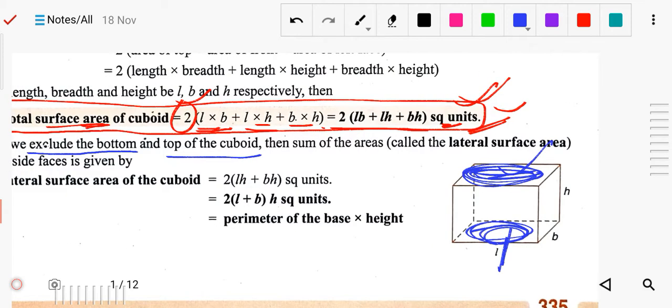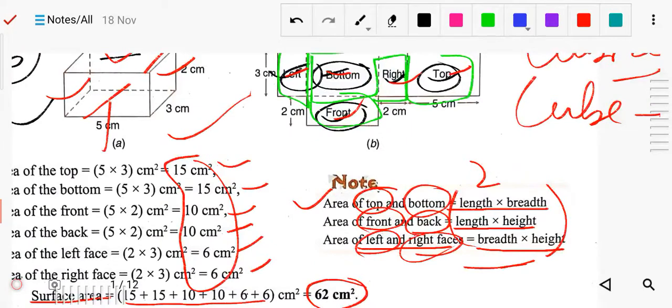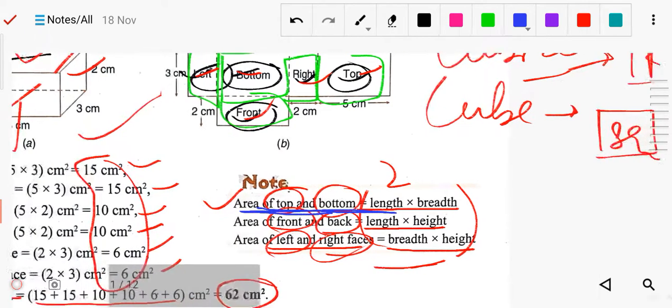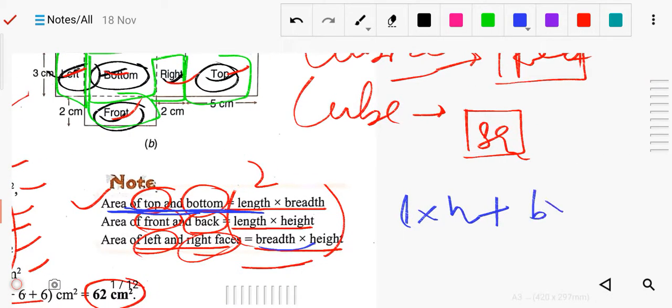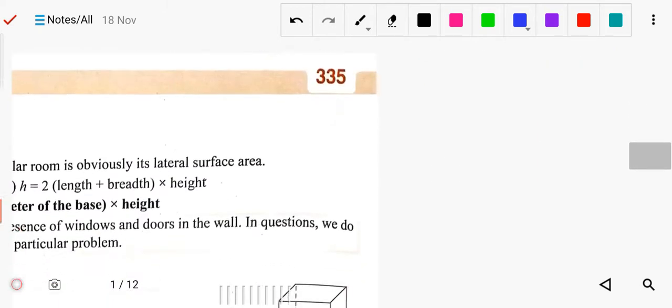So what will be left? Only L into H plus B into H will be left, and it will be two times. So it will be left here. You can see and understand from here.